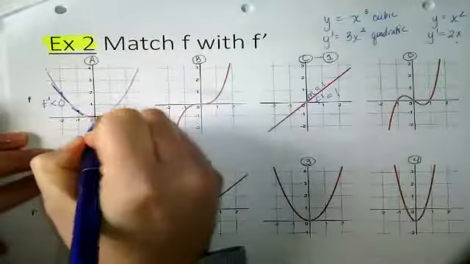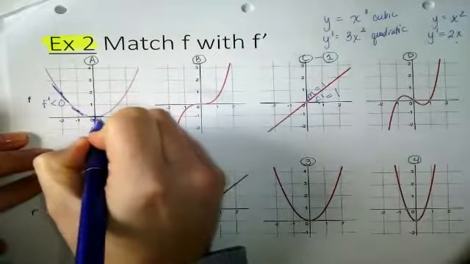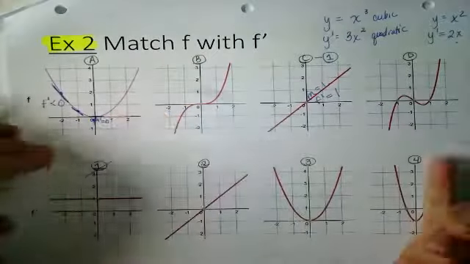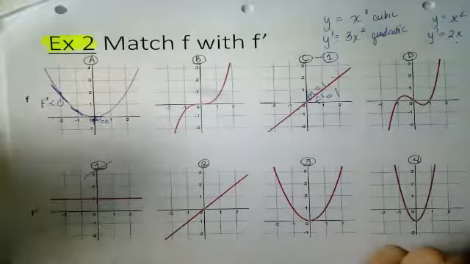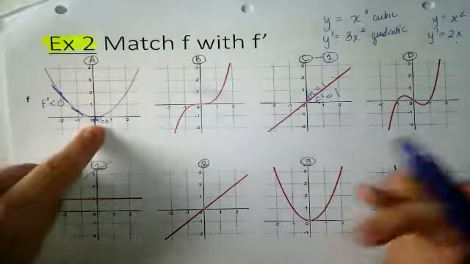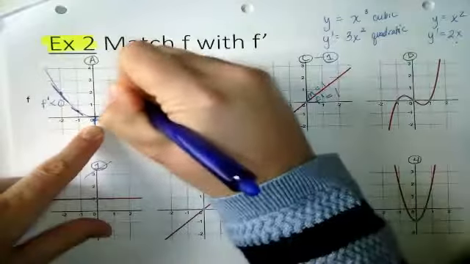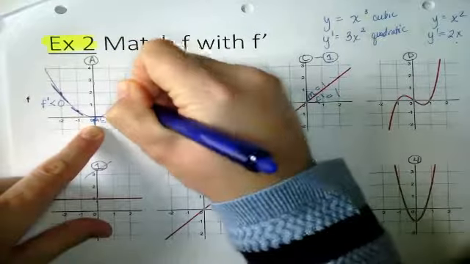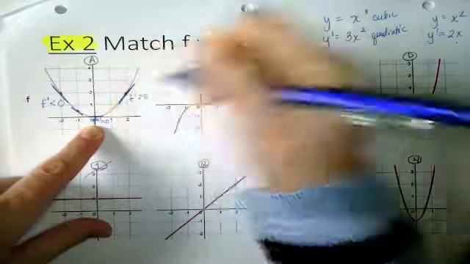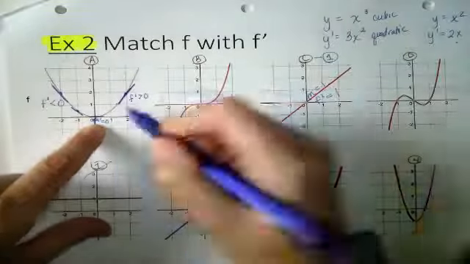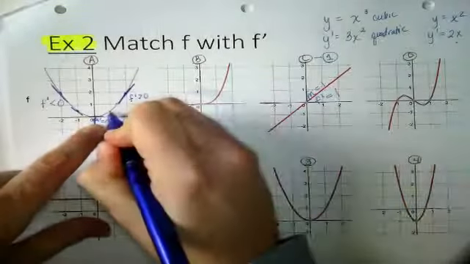Right here at 0, we have a slope f prime equal to 0. So we have negative values for the derivative, then a slope of 0. And then over here, you can see that our slope f prime is greater than 0. Maybe it's a value of 2. Maybe right here it's a value of 1.